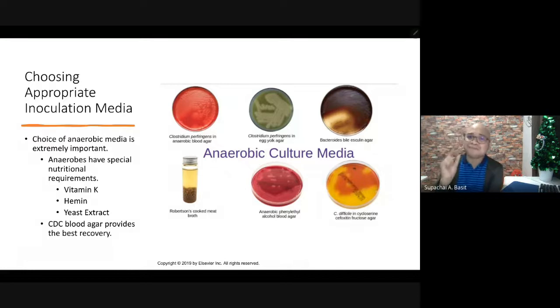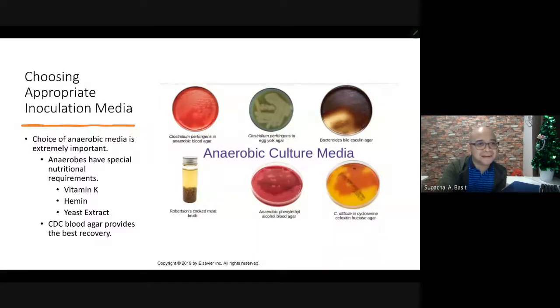Now, after the direct microscopic examination, it's about time that we choose the appropriate culture media. Take note, however, that these organisms are actually difficult to grow.